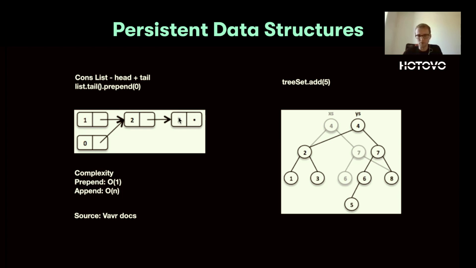Since it's immutable, I would need to create a new one with the head 3 and a reference to my last list, and then subsequently all of the previous lists. So this is basically O(n), linear complexity.